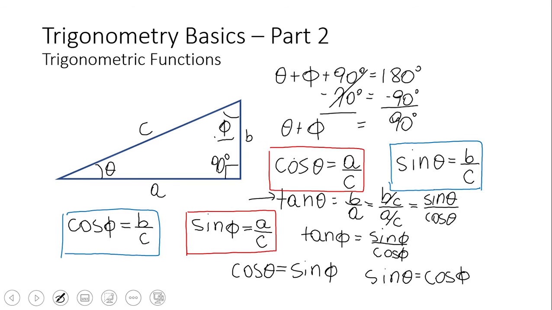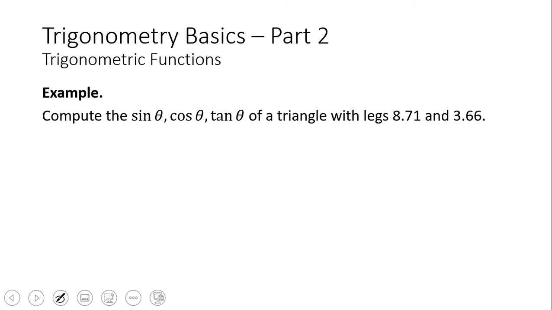Before we do that, let's do an example by actually plugging in the numbers and seeing how you would do that. Okay, let's say that we have a certain right angle triangle, which is like this, and we're given that the two legs here are 8.71 and 3.66.